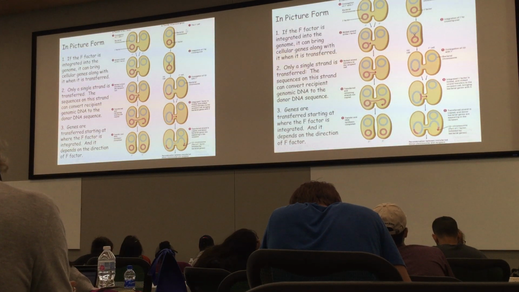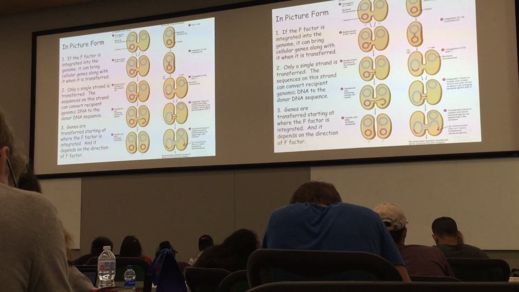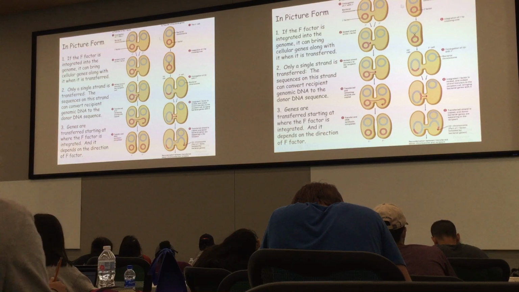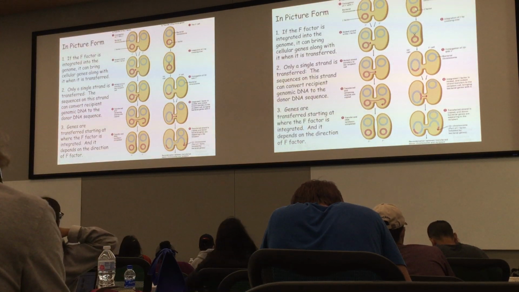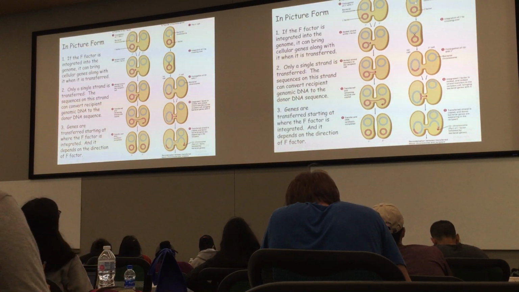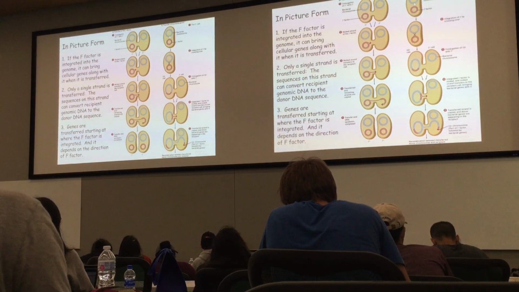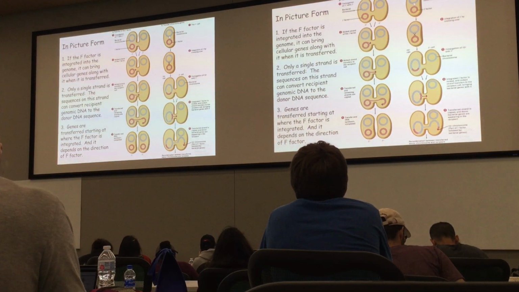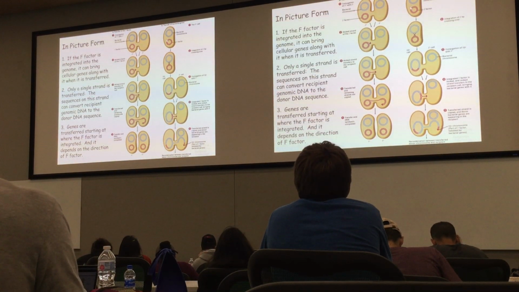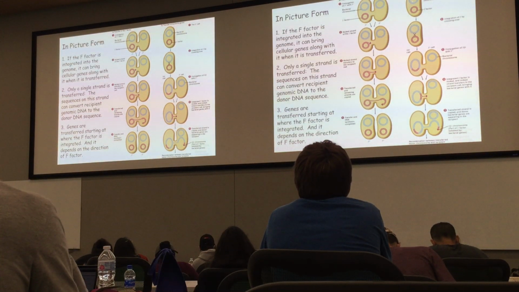In the case of the HFR times F minus, that's more interesting, and that's the kind of problem that we work here. Here the idea is you have an F factor, which is outside the chromosome, but it integrates into the host DNA at some point, and the point can be random. It can be pretty much anywhere around the circle of E. coli genomic DNA.